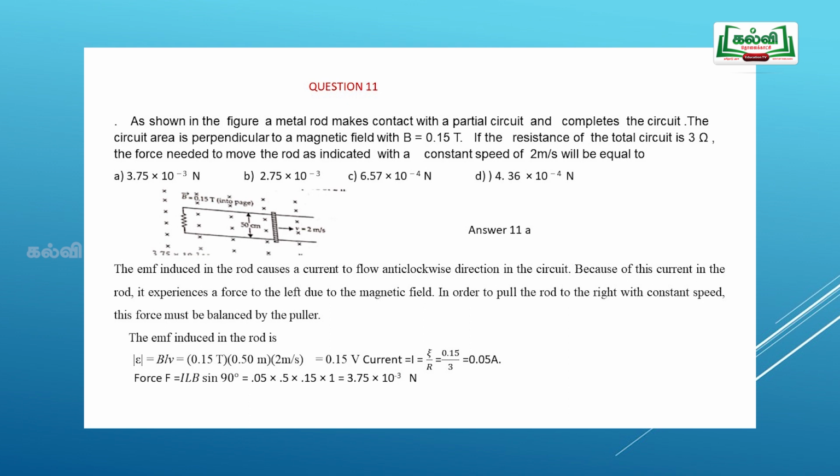Because of this current, now there is a current like this, see, anti-clockwise. So, here it flows from this end to this end. So, this is the direction of current. A conductor carrying current I placed in a magnetic field must experience a force to the left. So, again this is, see, the induced current is opposing the cause. Because of the induced current, it experiences a force inward.